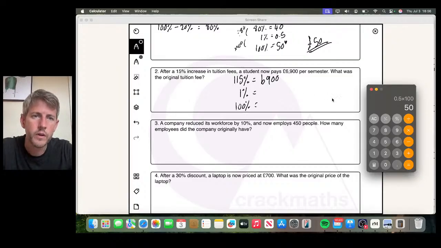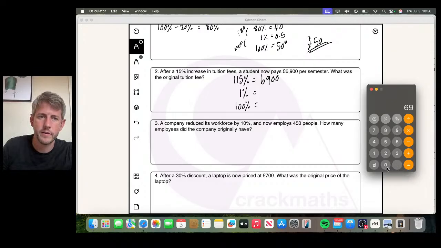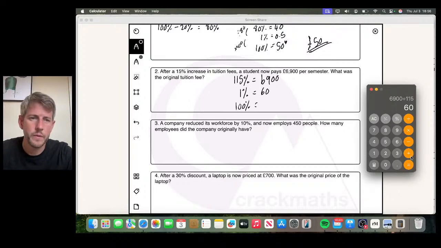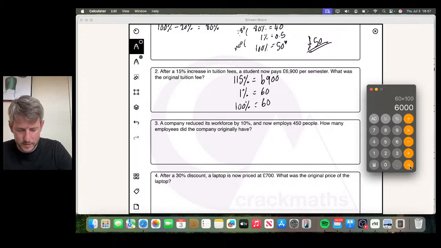So we can do 6900 divided by 115, and that is 60. And then we can times this by 100, and that would be 6,000, and that's pounds. So the original cost was £6,000.